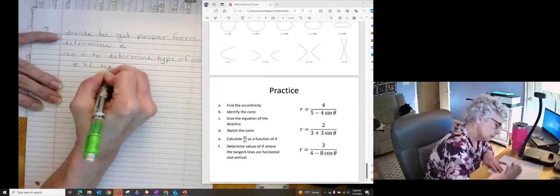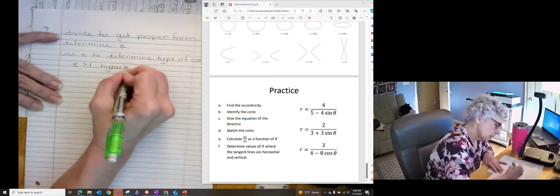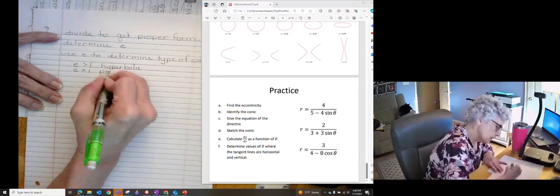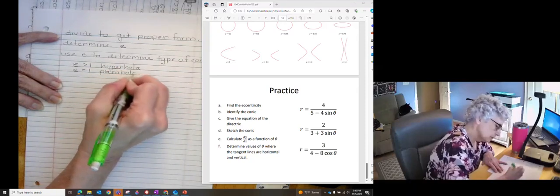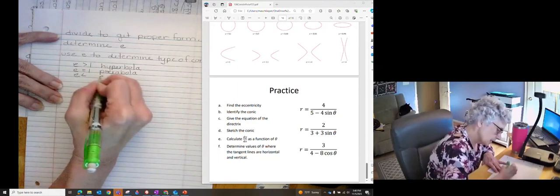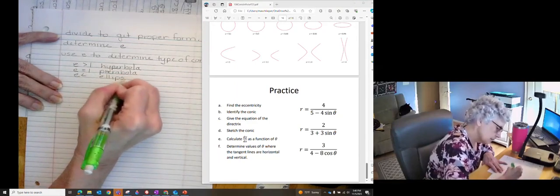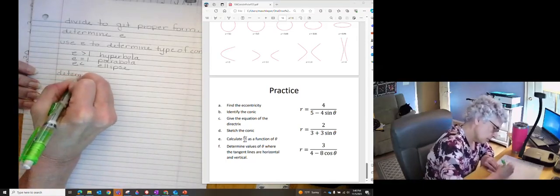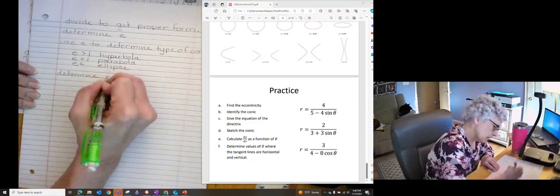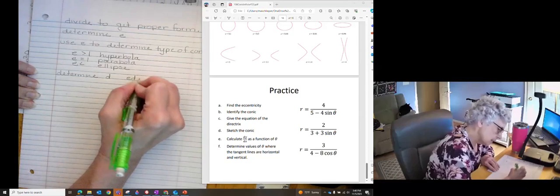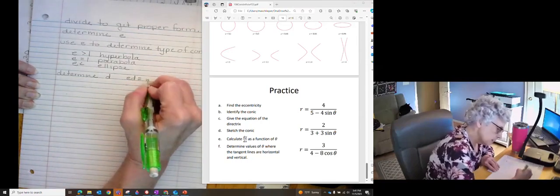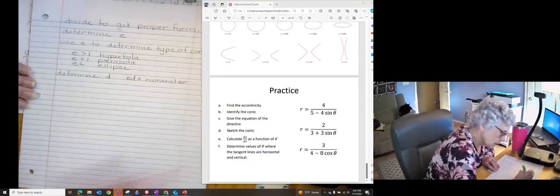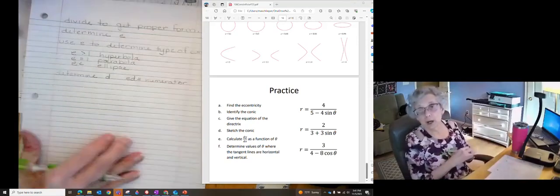E greater than 1: hyperbola. E equals 1: parabola. E less than 1: ellipse. Determine d, because ed is equal to the numerator when you're in that proper form.